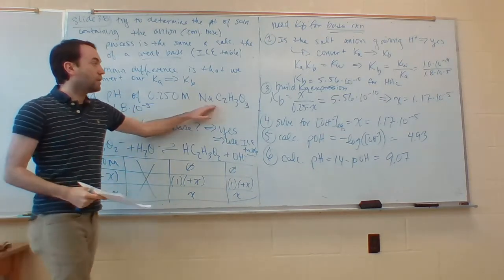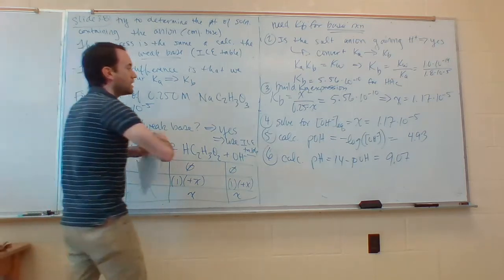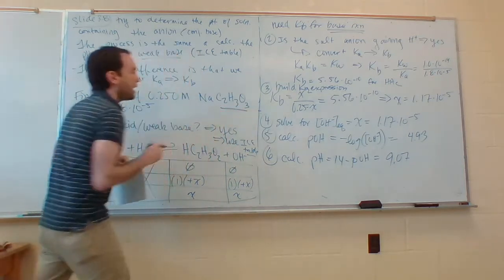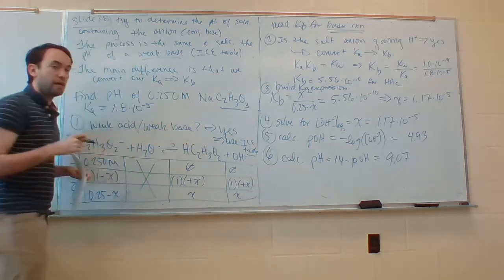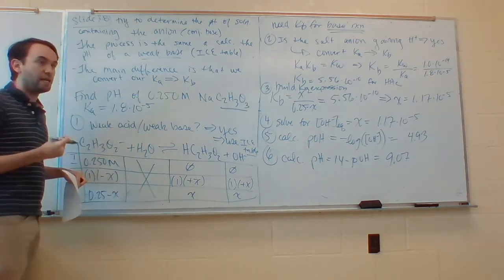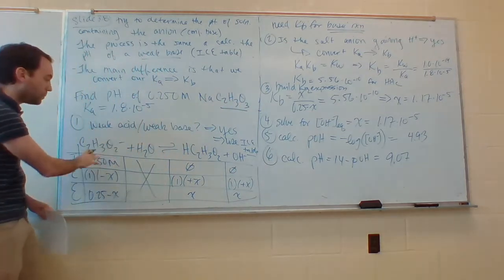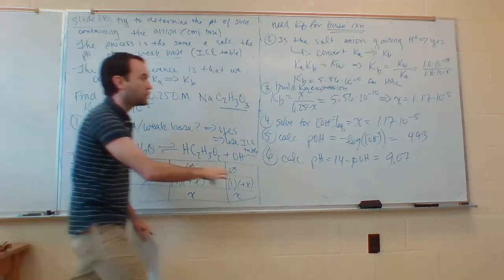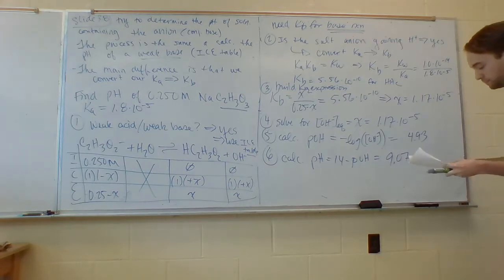So even though this didn't look like an acid or a base, because we added a salt that has an anion that is a conjugate base of a weak acid, that means that this acts like a base. So when we add it, it actually raises our pH away from our neutral 7.